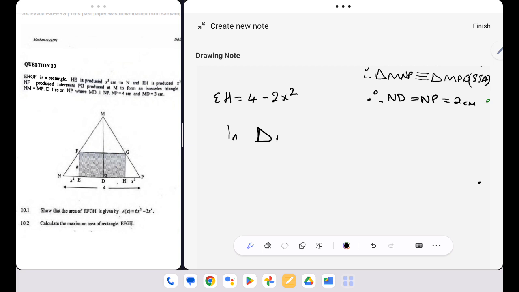In triangle NFE and triangle NMD, I know that angle N is a common angle.